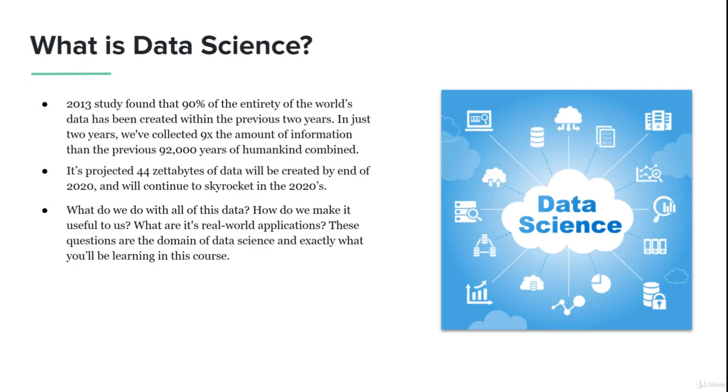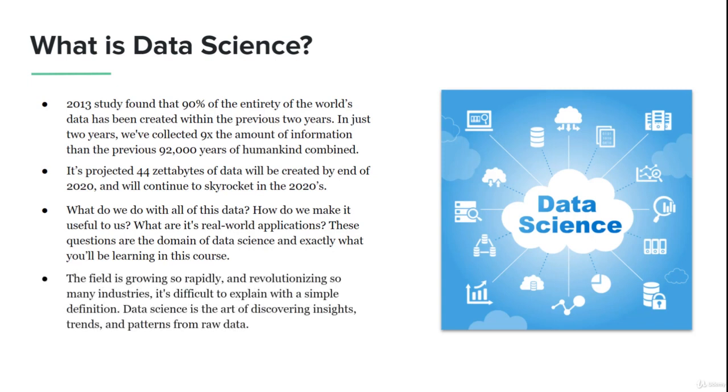So understand that we want to take the data, take the key insights, and make them understandable for the average person, right? So very important there. And then the field is growing so rapidly and revolutionizing so many industries that it's difficult to explain in a simple definition.